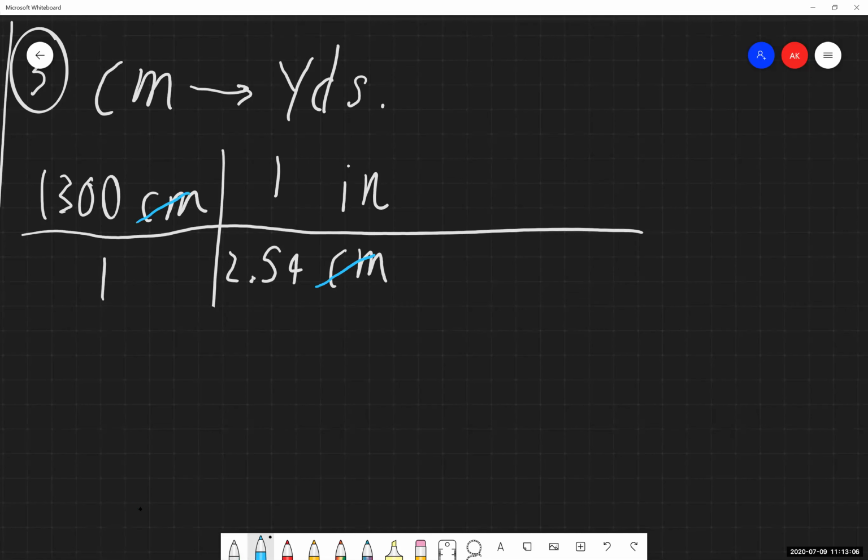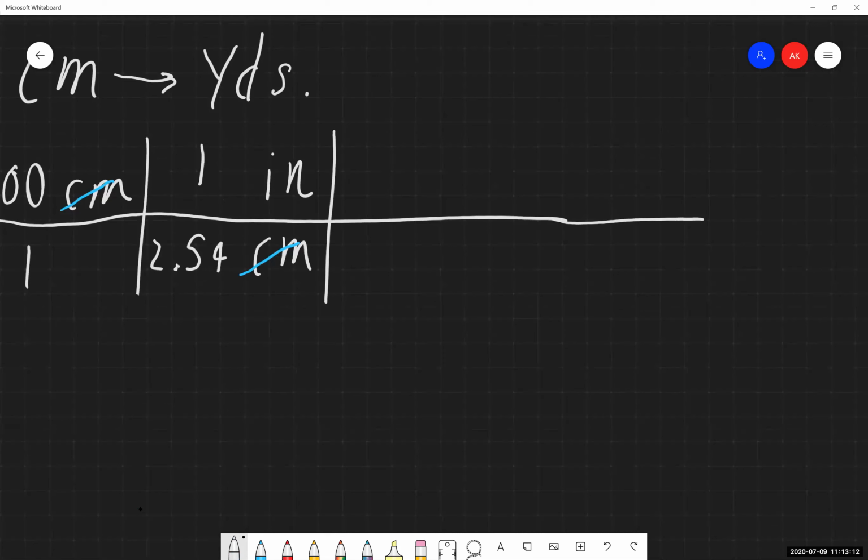Centimeters cancel. I'm now in inches. I also have a conversion now from inches into feet. So again, inches up top. If I want to cancel that unit, inches has to go down below in my next one. Inches into feet. Inches cancel. I'm now in feet.